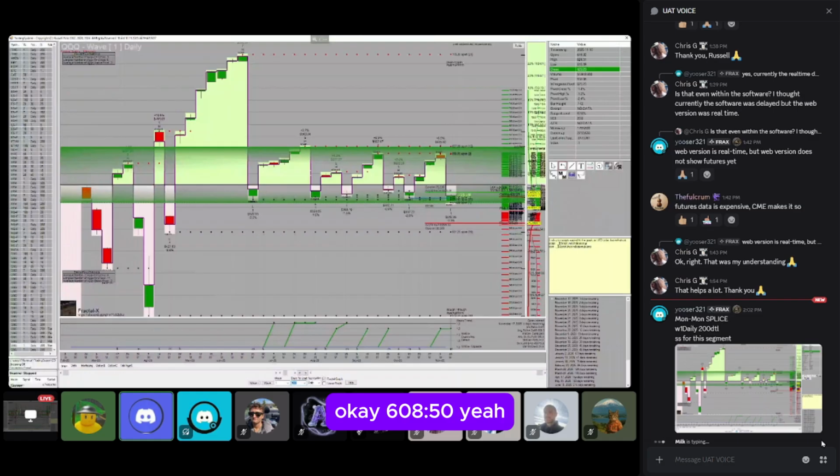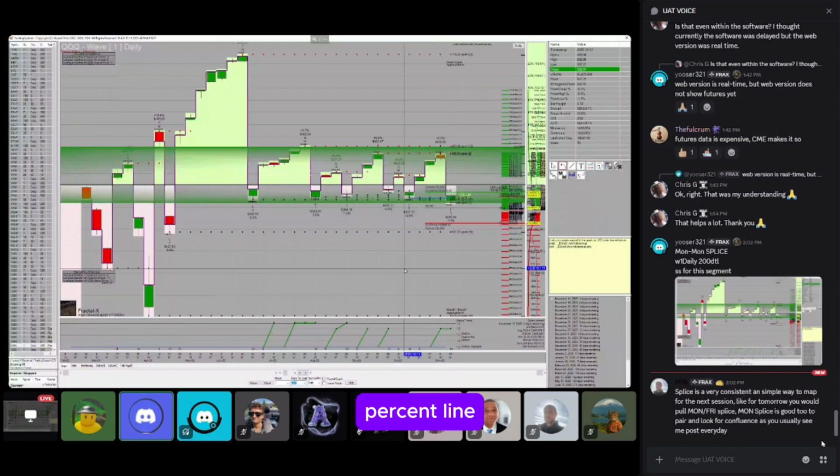Okay, 608.50. So if we look left, when we break the bottom of that structure, that average percent line, the bottom of the green line, underneath the pivot, we've seen where our lows have been. See the red candle right there, and then the green and the red? See how the lows are similar?